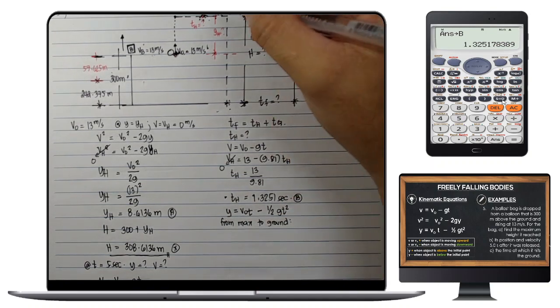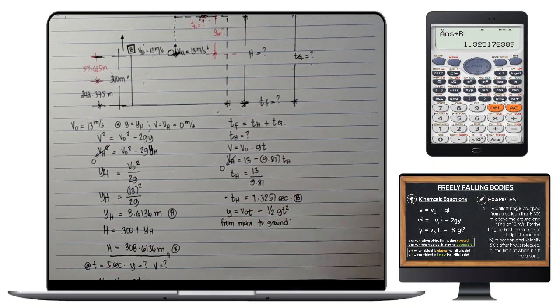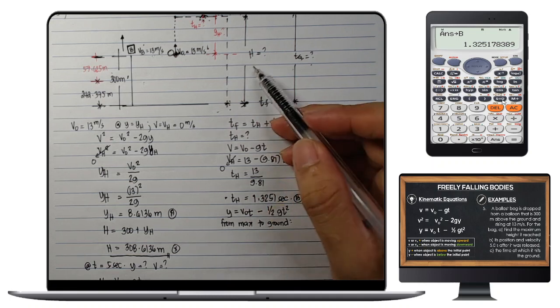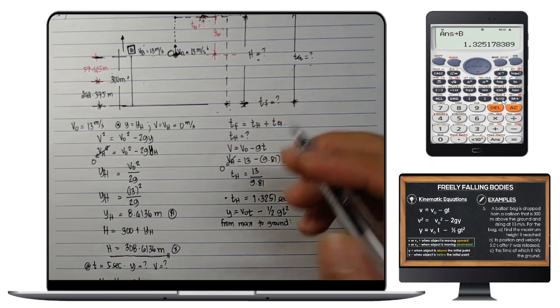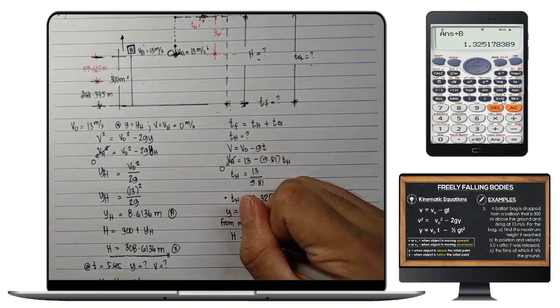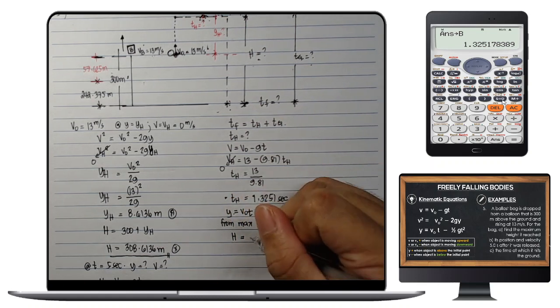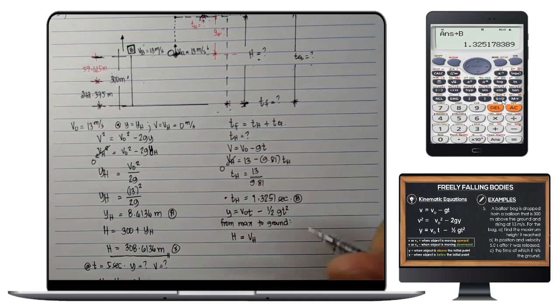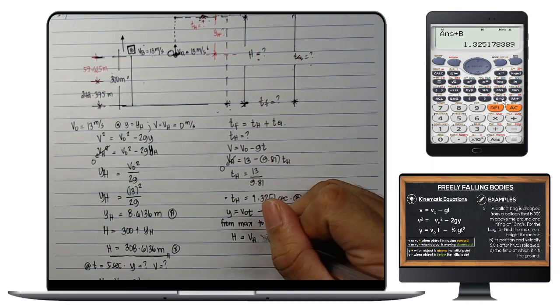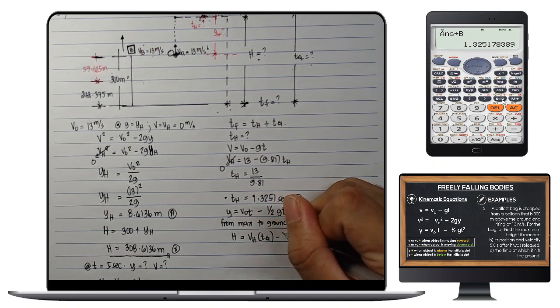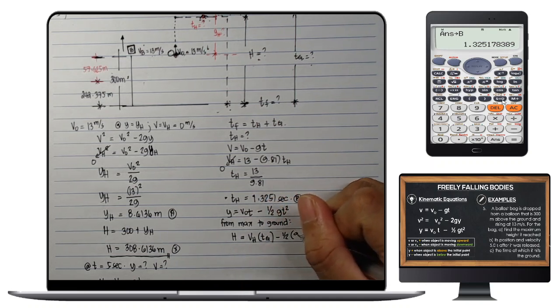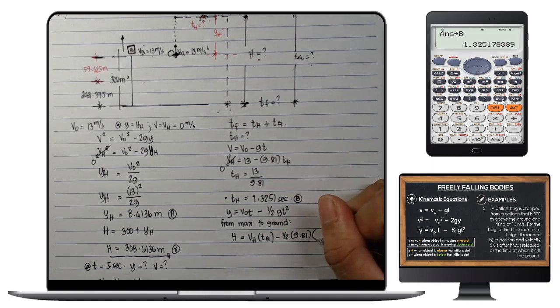So, ibig sabihin, v sub h natin, yun yung magiging initial velocity natin. Yung y natin ay magiging h. So, magiging siyang h is equal to V0 T, V0 natin is v sub h kasi yun yung initial natin. Then, t natin, yun yung hinahanap, that is t sub g minus 1/2 multiplied by 9.81 times t sub g squared.